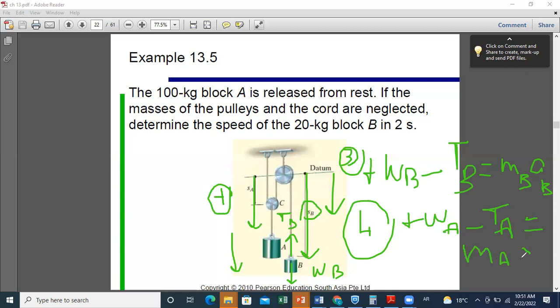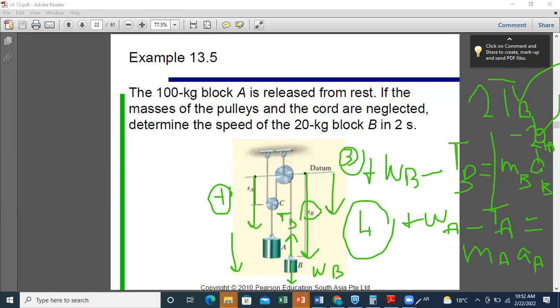So now, if you use your previous result, you can replace TA by 2TB. And you can replace AB by minus 2AA. Okay. Then you can get just 2 equations with 2 unknowns. You solve for TB, you solve for AA.